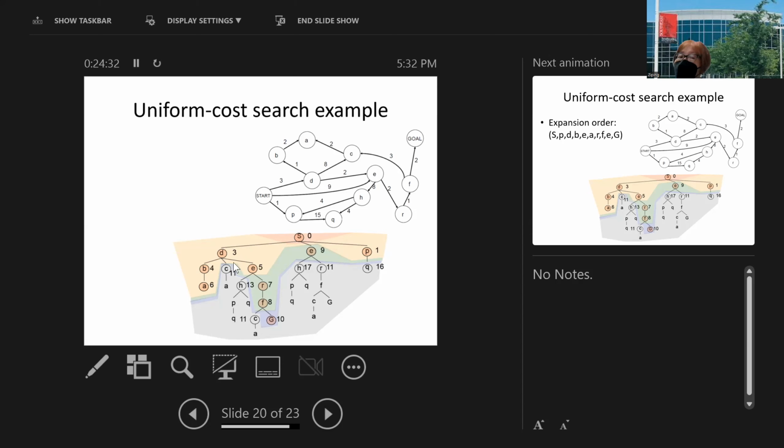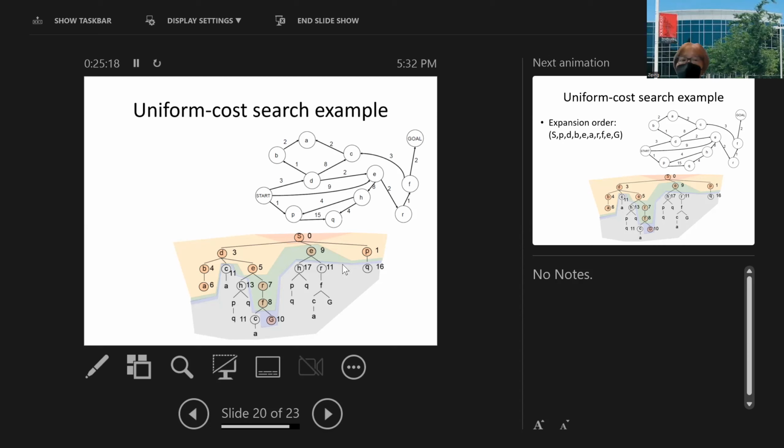And how about C? C through D is 11. And E is 5. So now the queue has B, C, E, and Q.